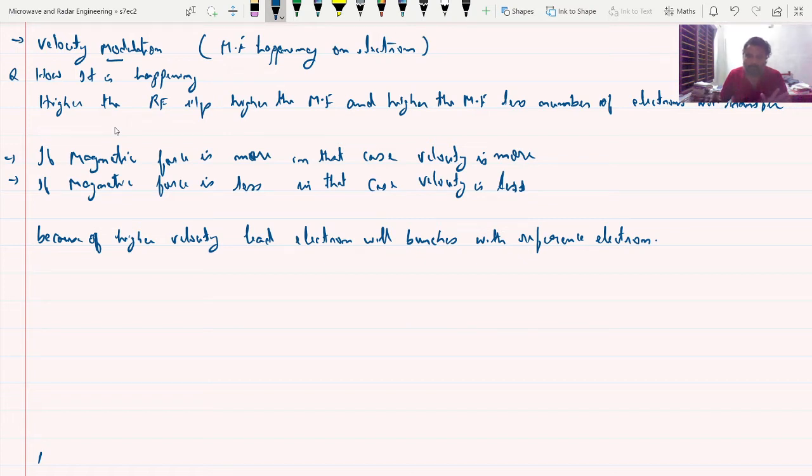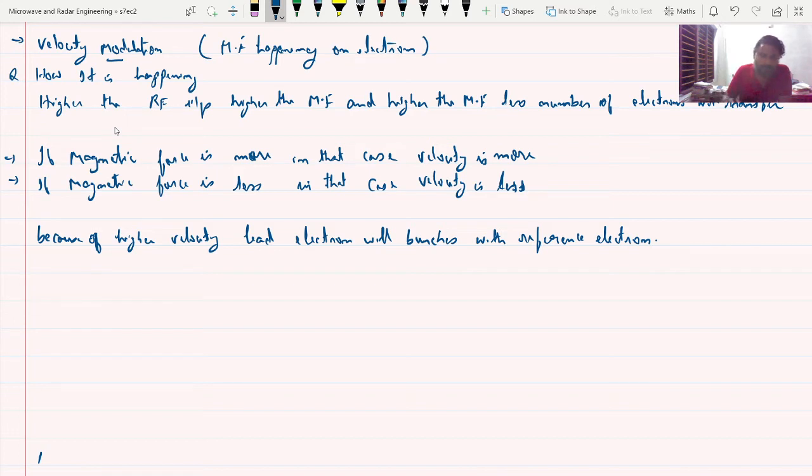Because of electron bunching, there will be magnification or amplification of the RF signal which is inserted over the anode cavity. So electron bunching occurs near the interaction space. Okay. So that is happening inside the magnetron oscillator.